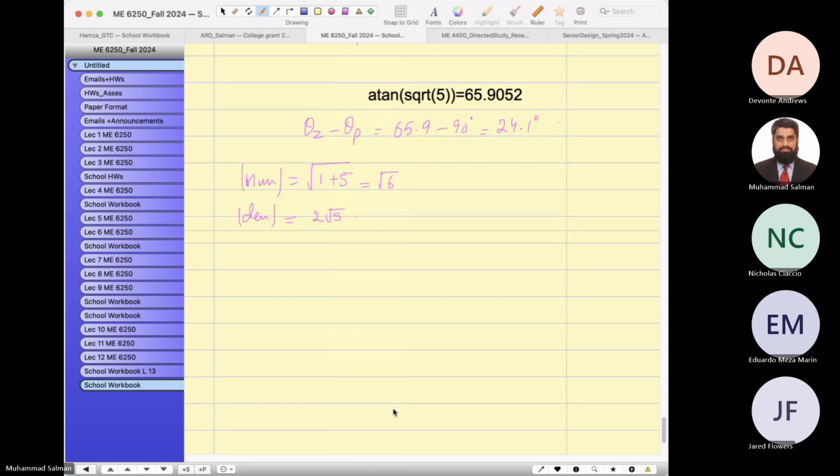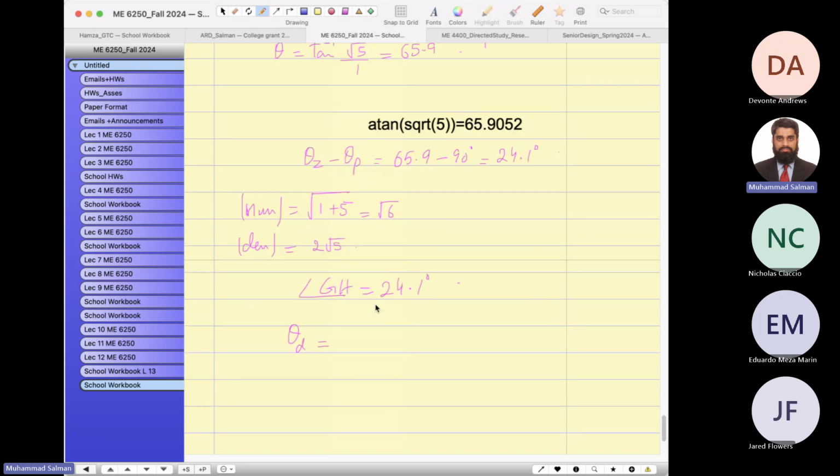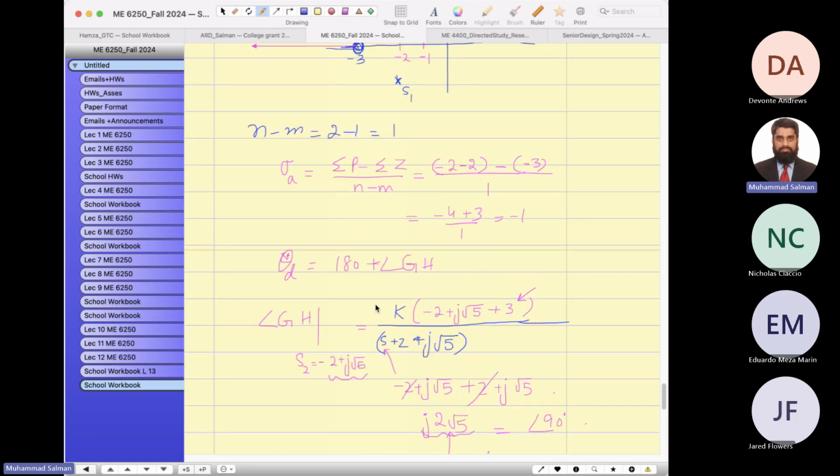If you want to find it in terms of the magnitude criteria as well as the angle criteria, first of all, the angle for GH equals negative 24.1 degrees. Now let's use the angle of departure formula, which is 180 plus angle GH.